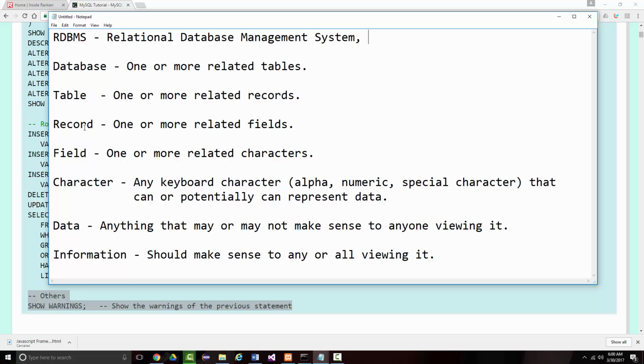Examples of that include Oracle, MySQL, SQL Server, and there are other ones. But they allow you to create databases which consist of tables, which consist of records, which consist of fields, which consist of characters, which attempt to convert data into information. So that's what we're going to be talking about.